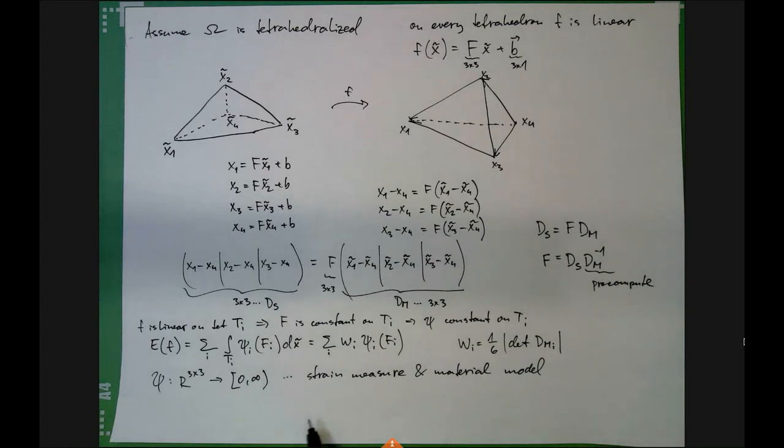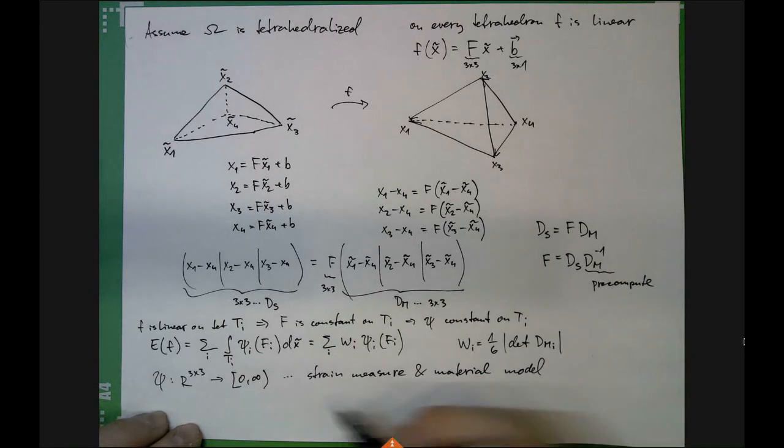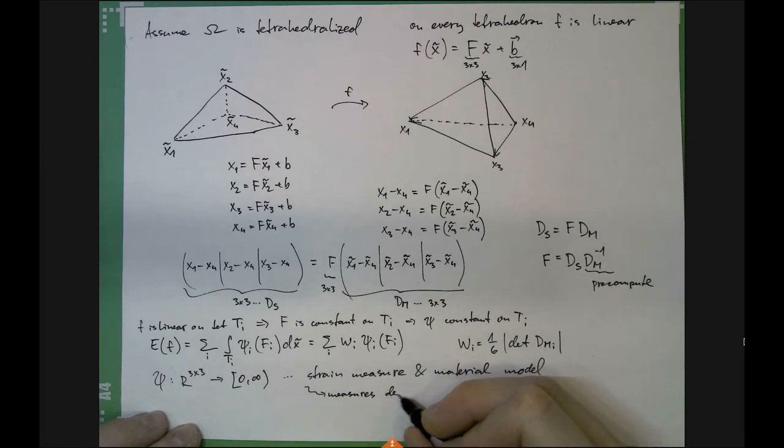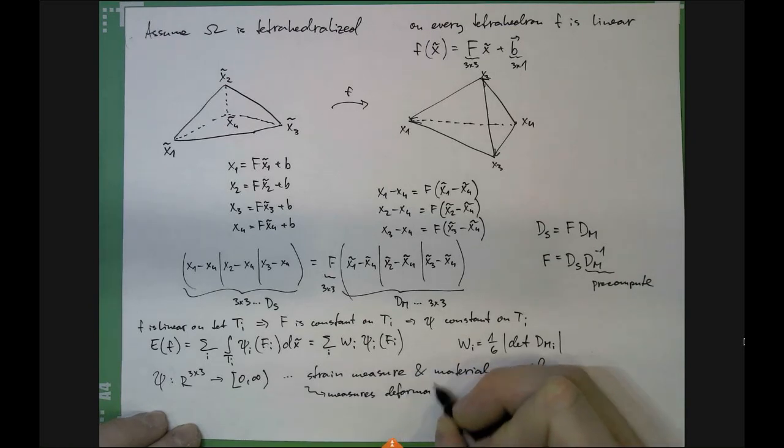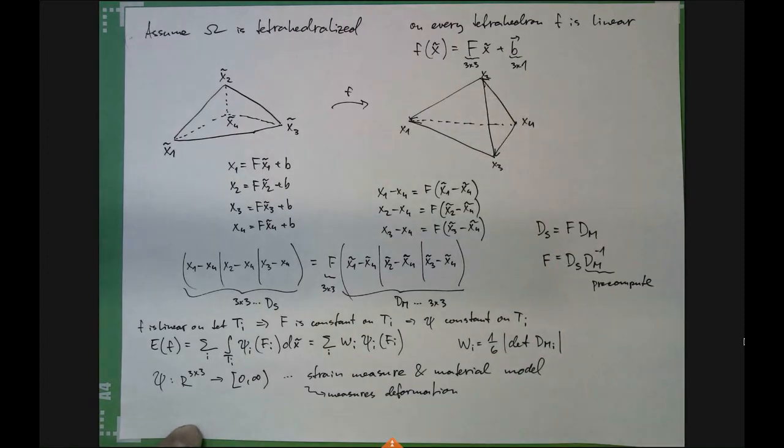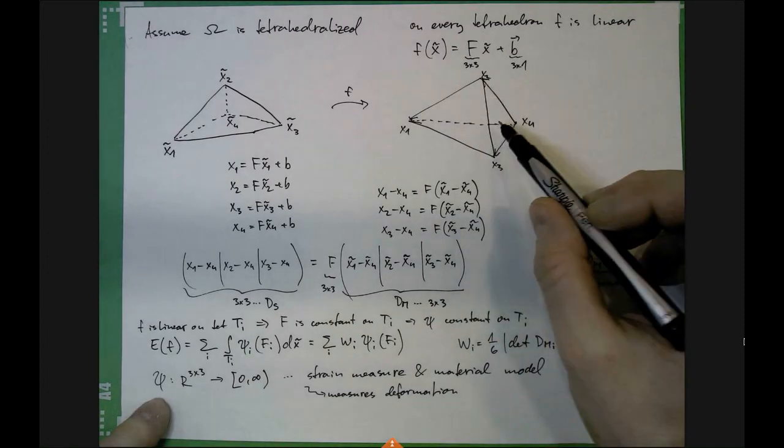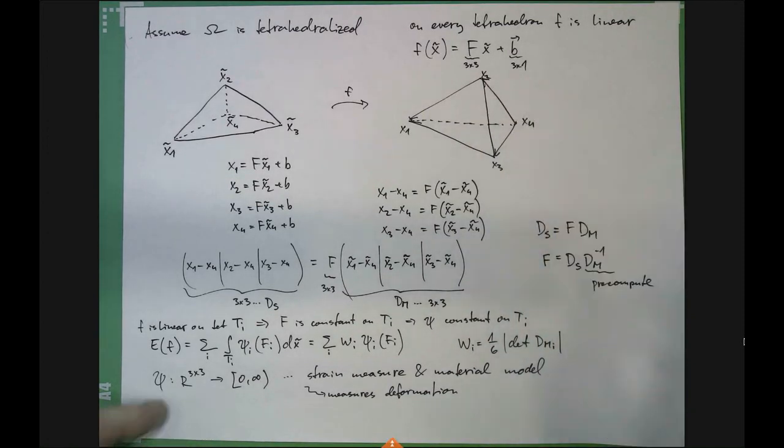But I guess you can as well forget about this distinction and just assume that it basically measures deformation. In our discrete case, deformation of one tetrahedron, right? So if this is a big number, that means that this tetrahedron has been squished or stretched or deformed a lot.